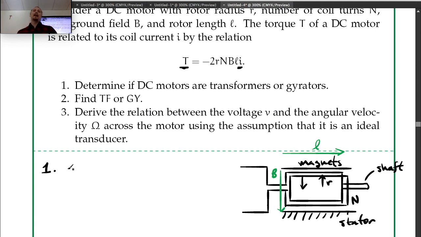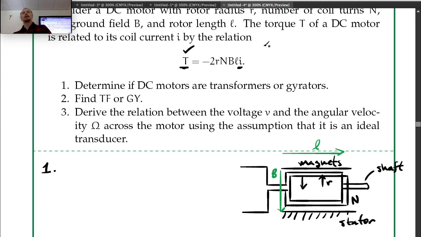So how are we going to decide if it's a transformer or a gyrator? We're given one of the equations, and we're going to have to find the other, but we can actually figure it out from just one equation, can't we? So what is this, an across or a through?